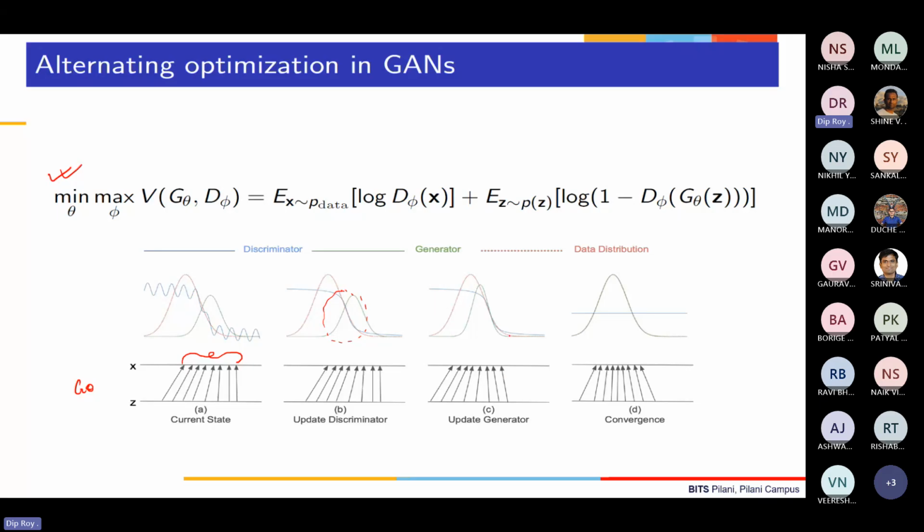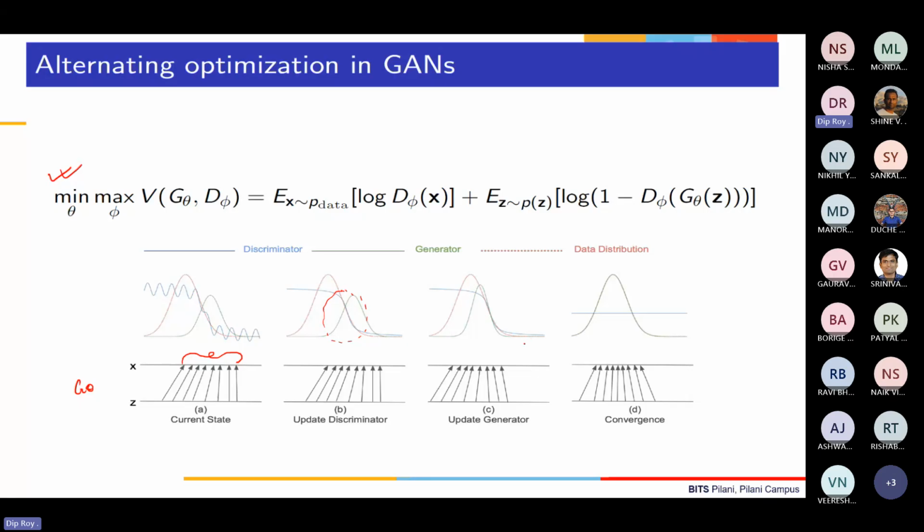Now the green Gaussian has shifted to the left, or the data points have shifted to the left. And now you see that there is a certain amount of alignment between the blue curve, the red curve and the green curve. And now the discriminator is in a little bit better shape.